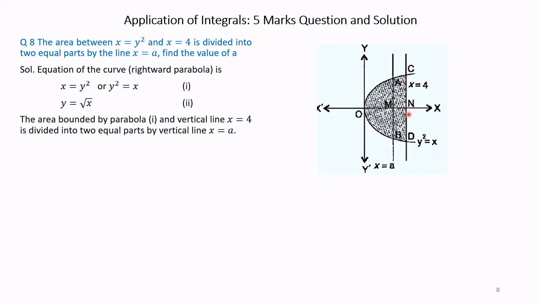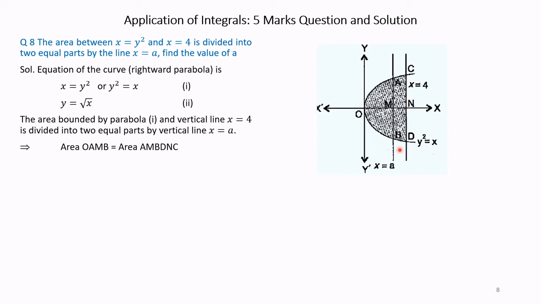That is, from 0 you measure 4 and draw a line. We have to find the intersection, which we can find by substituting the values of 4. Here, if you put x is equal to 4, you will get y square is equal to 4 or y is equal to 2. So here it will be y is equal to 2.